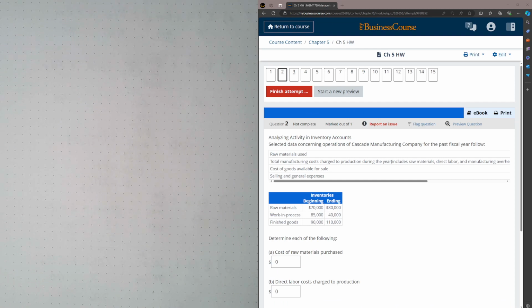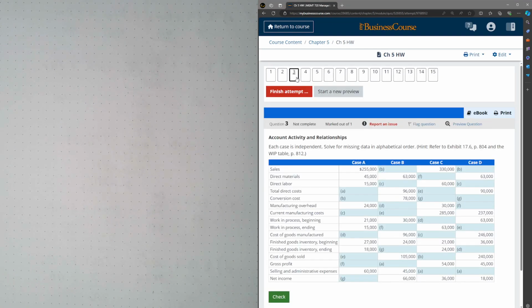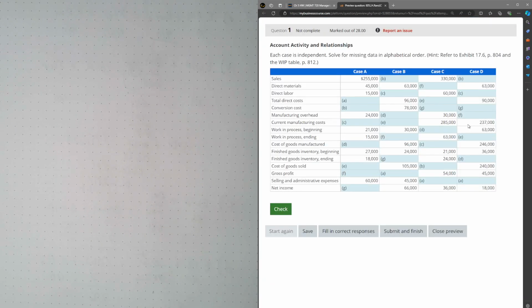Okay, we're going to look at question number 3, and we'll preview the question. Now here, you notice we've got several cases, A, B, C, and D, and we're given various items, and this is just to practice the relationship between the different items. So if I do this first one, remember the total direct costs are the direct materials and direct labor.